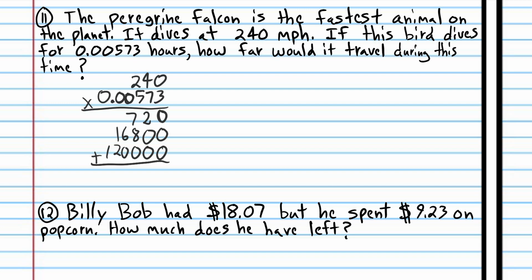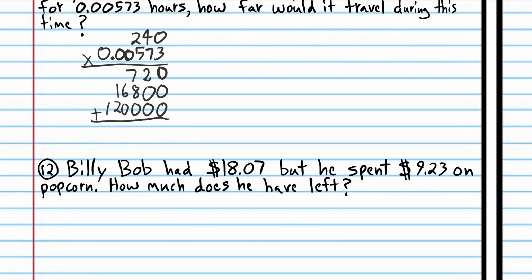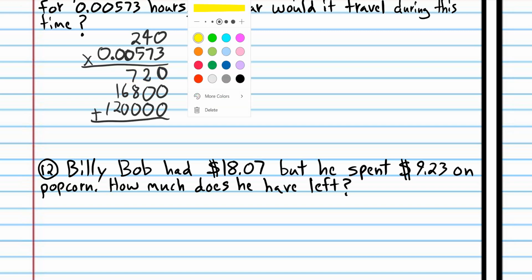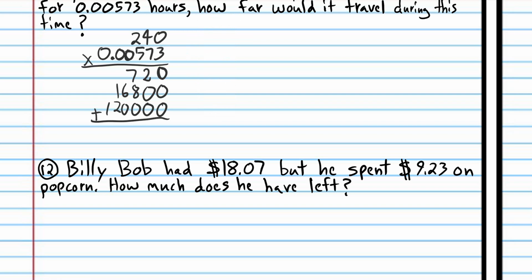All right, so we put no placeholders in the first row, 1 placeholder in the second row and 2 placeholders in the third row.